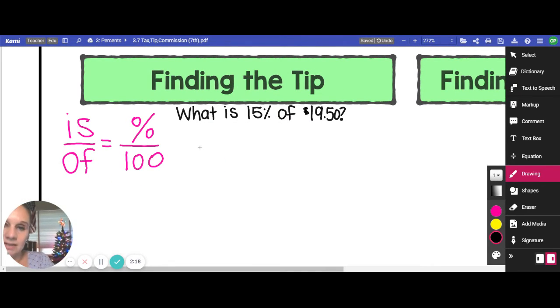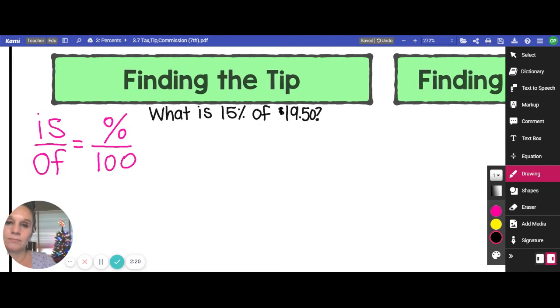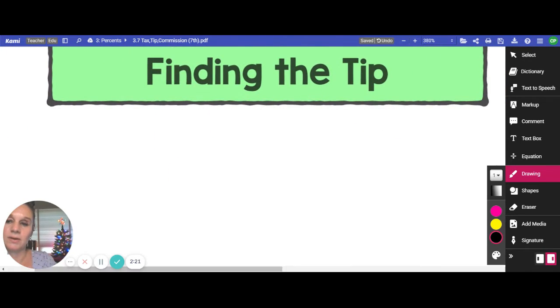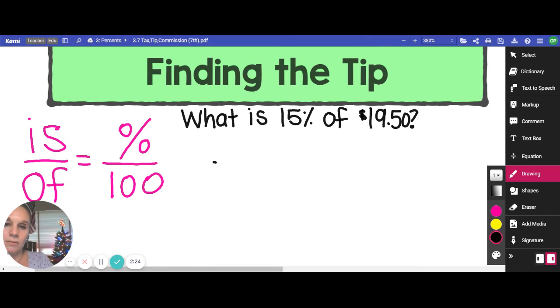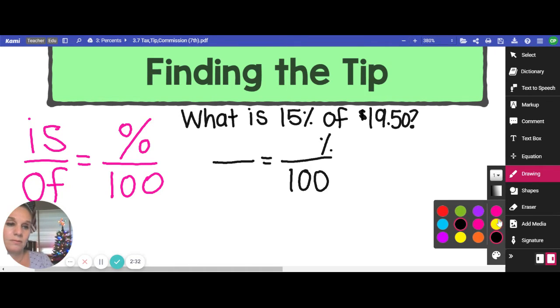So I'm going to go ahead and set up my proportion. So I've got some sort of a percent over 100. So the first thing I'm going to do is what is.